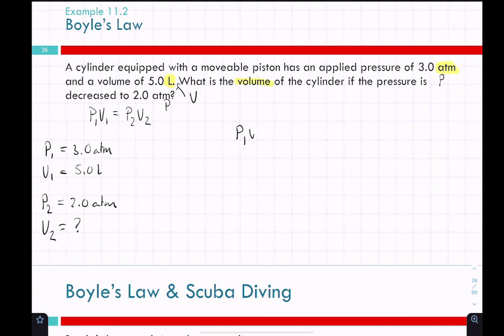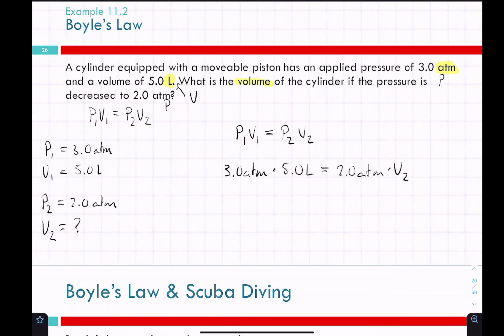So for P1V1 equals P2V2, we're going to have 3.0 atmospheres times 5.0 liters equals 2.0 atmospheres times V2.